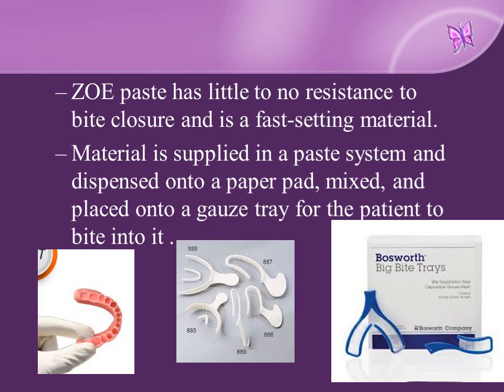Zinc oxide eugenol paste has little to no resistance to bite closure and is a fast-setting material. The material is supplied in a paste system, dispensed onto a paper pad, mixed and placed on a gauze tray for the patient to bite into it.